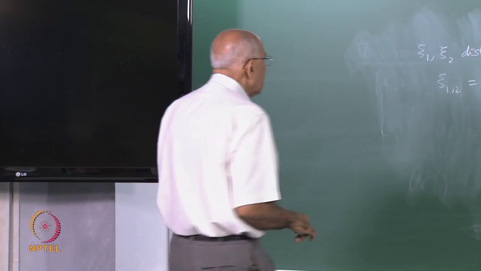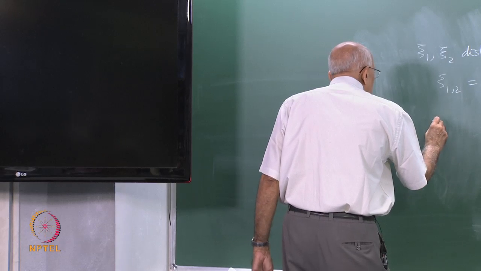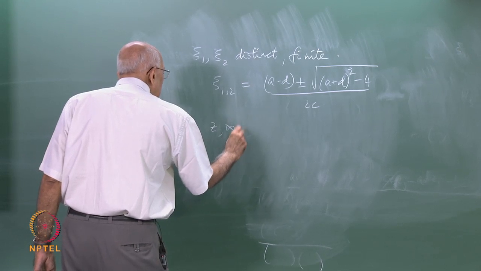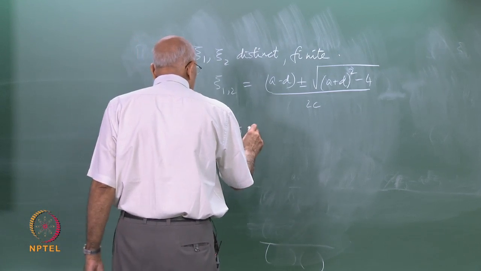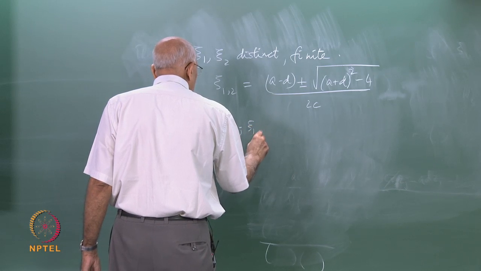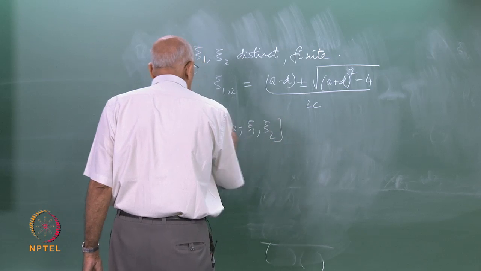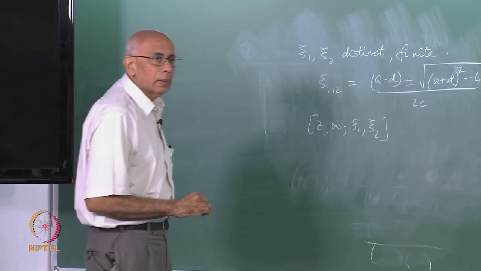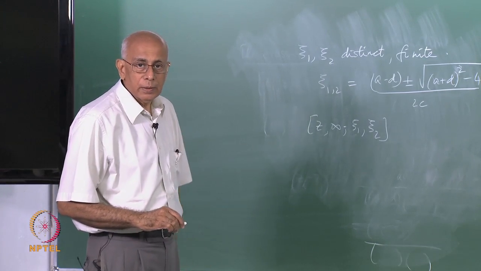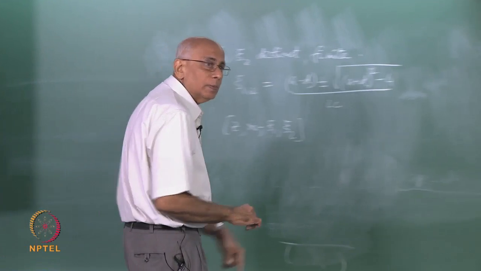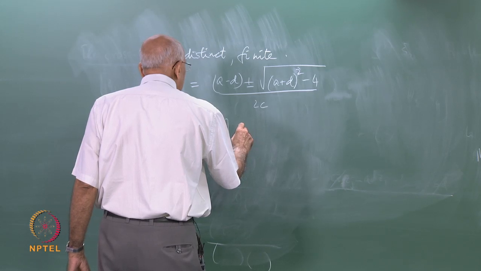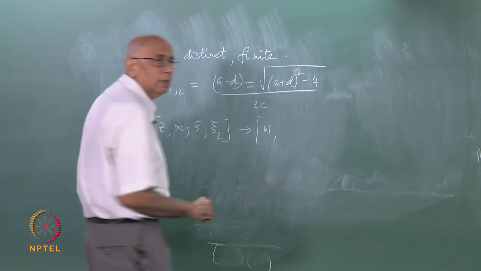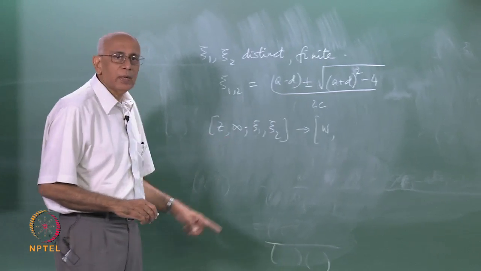Okay. Now consider this: Z, infinity, Xi1, Xi2. And I make a Möbius transformation, and what does this go to? Well, Z goes to W. What does infinity go to?